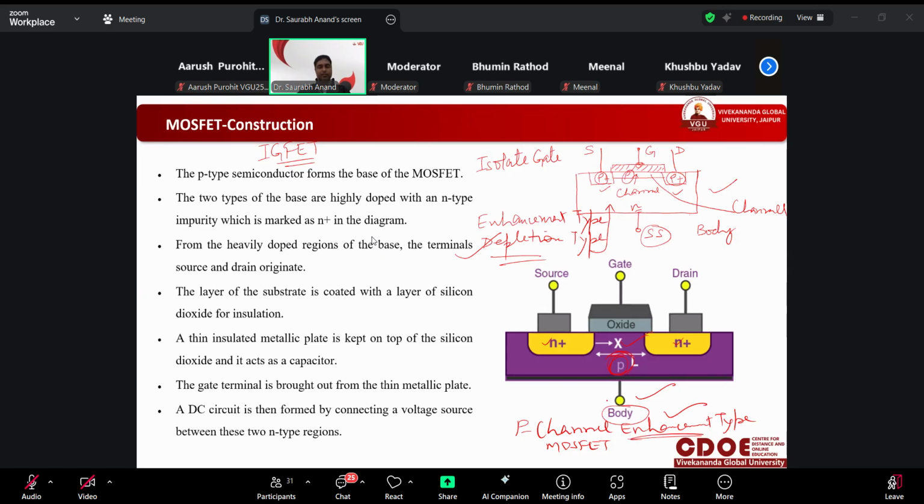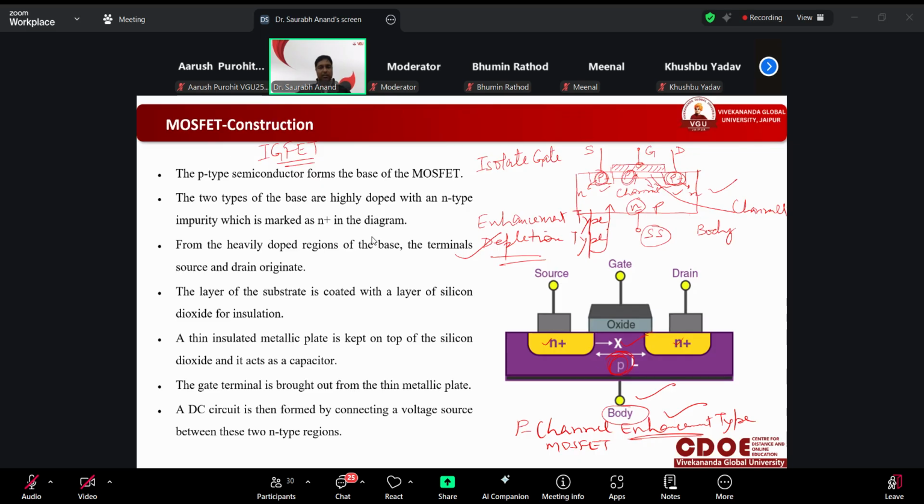Got it? So enhancement, no channel; depletion, channel. In this P type diffused region, the channel will be of P type. Now this is P channel. If we interchange, this P becomes N, this becomes N, and this becomes N, then it will be known as N channel depletion type.